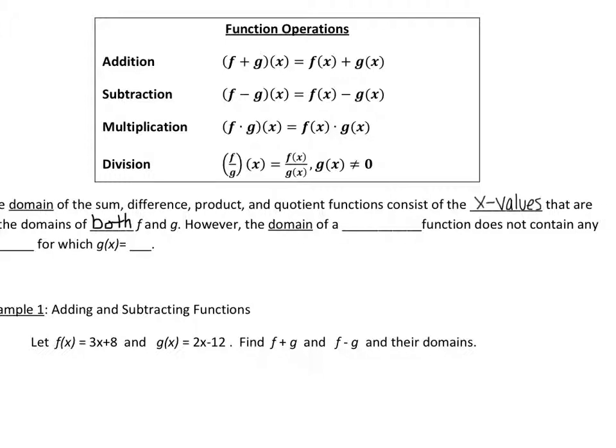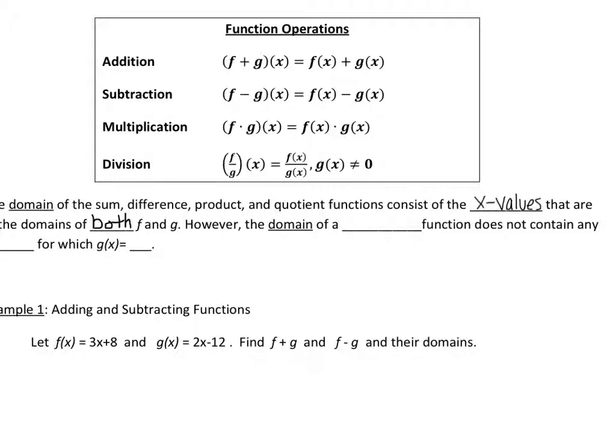All right, so if f of x has domain of all real numbers and g of x has domain of all real numbers, and we're putting them together by adding, subtracting, multiplying, or dividing, then the domain of the answer, the combination of both of them, would be all real numbers, because that's what they started out as.